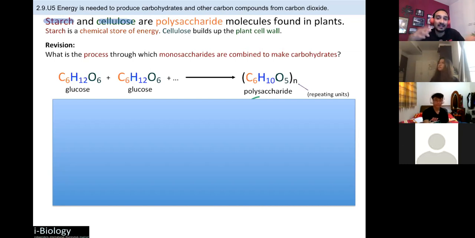So the way a plant does it is it makes starch. When a plant has too much glucose, it will store it as starch. And when we eat vegetables and grains, we are stealing that plant's reserved energy and making it a part of our cells. The other one, cellulose, is more for what kinds of use? What does the plant use cellulose for?